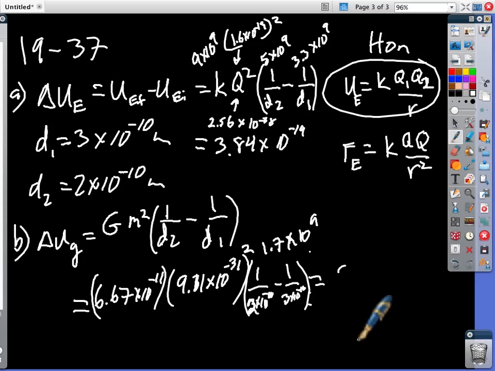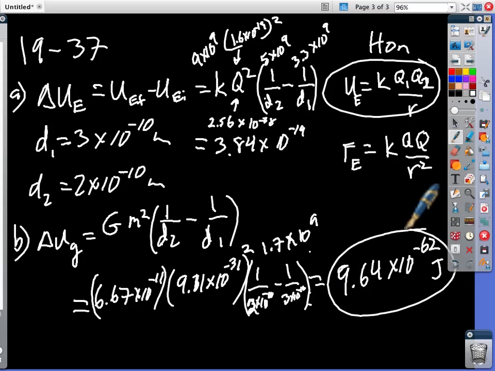Anybody get an answer? Bark it out. 9.64 times 10 to the negative 62. Okay, and what do we discover about gravitational potential energy and electrical potential energy? I said that gravitation was a lot less. Yeah, it's fantastically less.